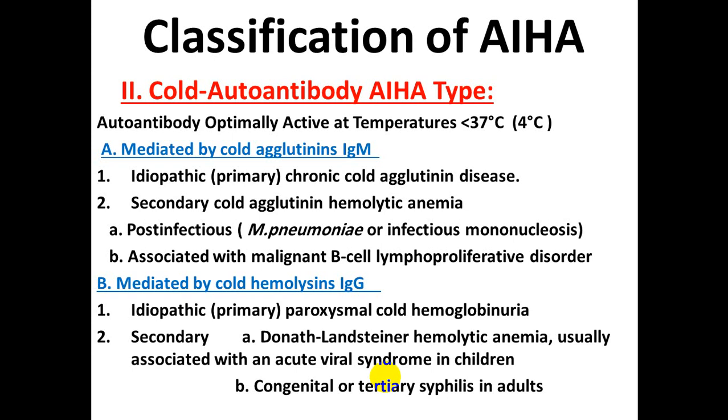Those mediated by cold agglutinins are idiopathic, called chronic cold agglutinin disease, or secondary cold agglutinin hemolytic anemia, secondary to mycoplasma pneumonia, infectious mononucleosis, or associated with malignant B-cell lymphoproliferative disorders such as chronic lymphocytic leukemia or lymphoma.